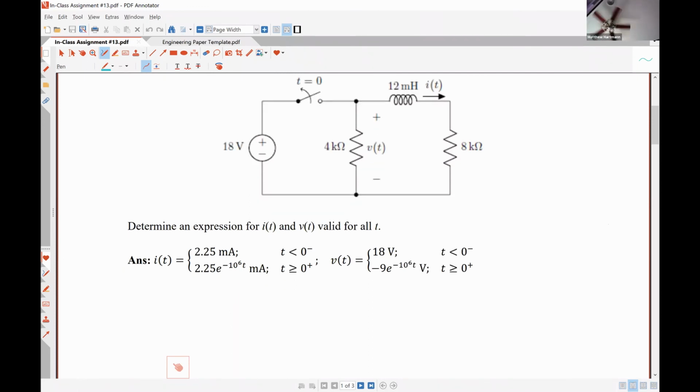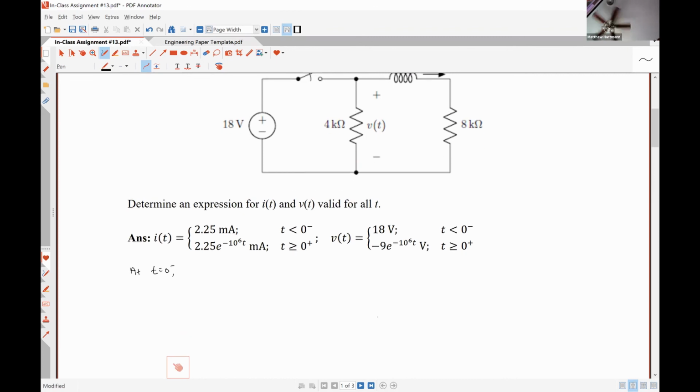At t equals 0 minus, our circuit is going to look like this. We're going to have our 18 volt source.